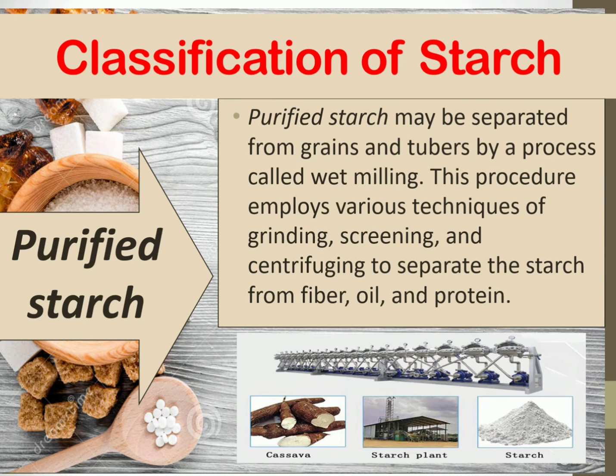Purified starch may be separated from grains and sugars by a process called wet milling. This procedure employs various techniques of grinding, screening, and centrifuging to separate the starch from fiber, oil, and protein.